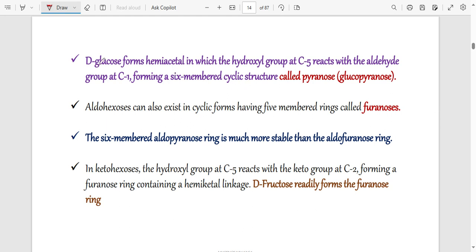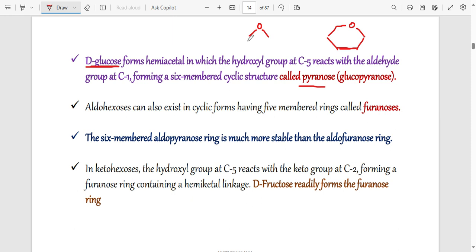Another thing you need to know is that glucose, specifically the one in the D form, can form a ring called a pyranose ring. A pyranose ring looks like a hexagon. Not all compounds which have 6 carbons form a pyranose ring. Fructose has 6 carbons, but it forms a furanose ring.